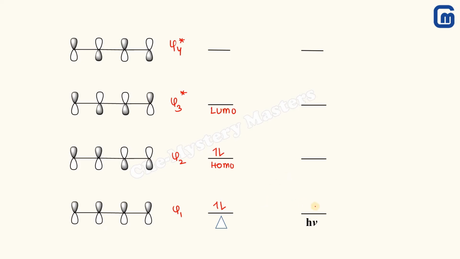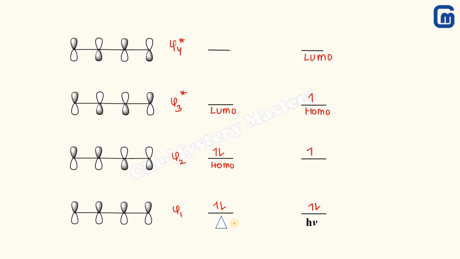So out of these 2 molecular orbitals where the electrons have been filled, the psi 2 molecular orbital will allow its electron to jump to the psi 3 star molecular orbital, so that psi 3 star will become HOMO and psi 4 star will become LUMO for this particular condition.